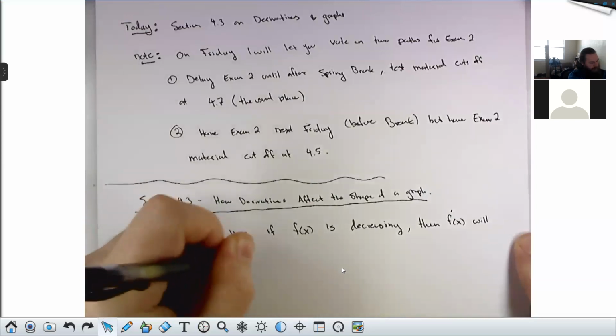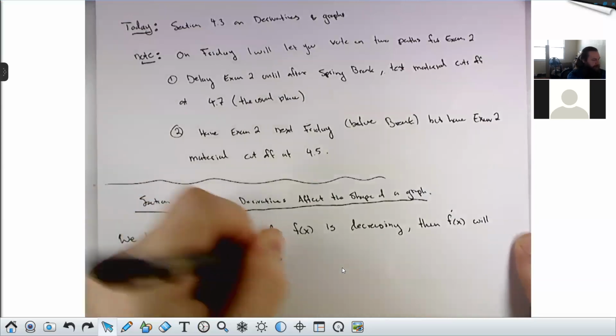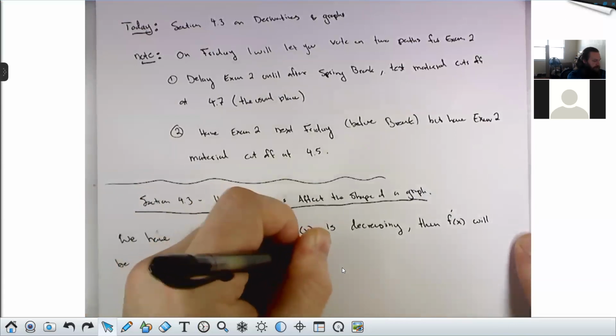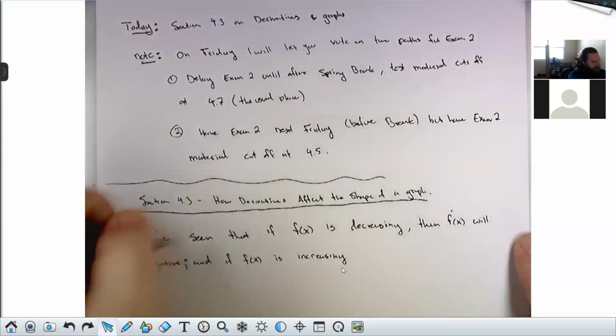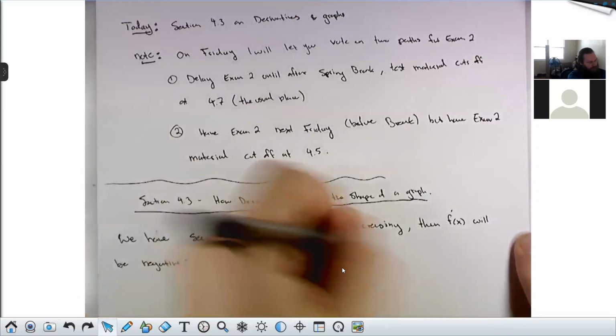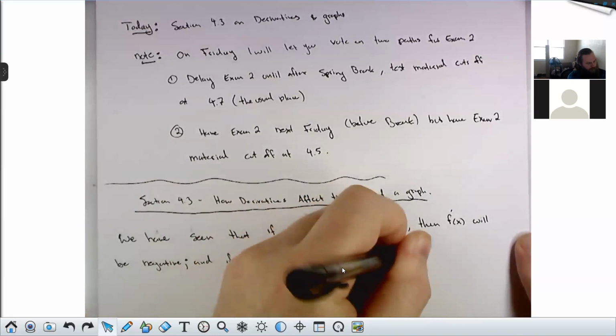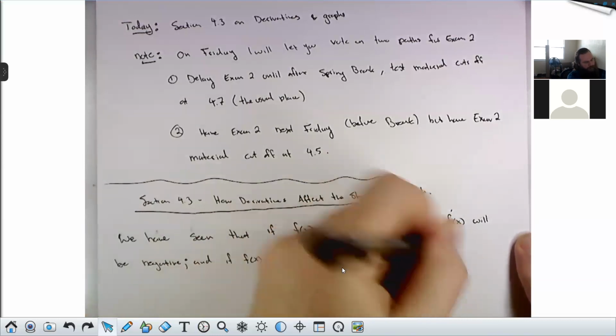And if f of x is increasing, then f prime of x will be positive.